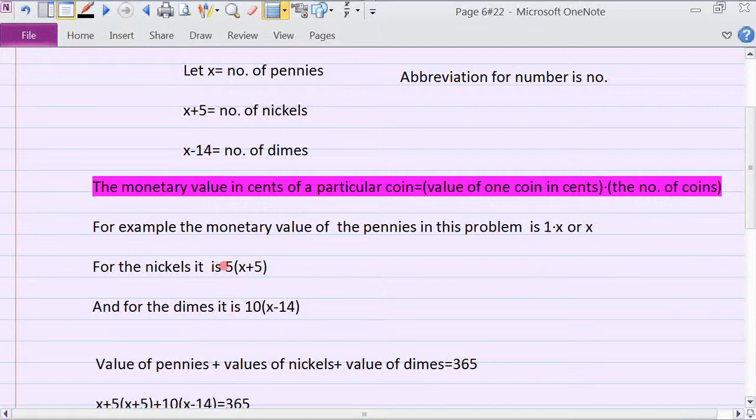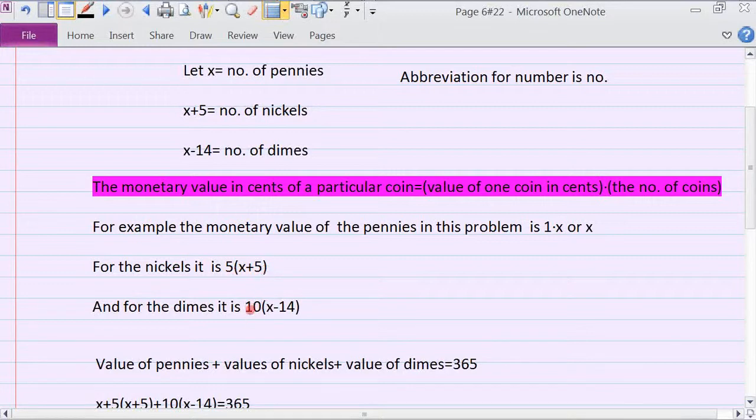Now, for the nickels, the monetary value of each nickel is 5 cents. So this is the value of one coin in cents right here. A nickel is worth 5 cents. In this problem, I have X plus 5 nickels right over here. So there's the monetary value of the nickels in this problem.